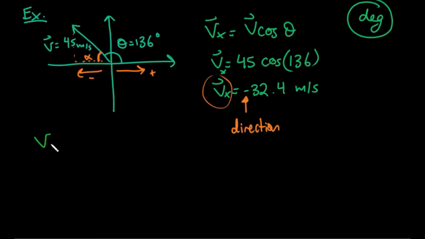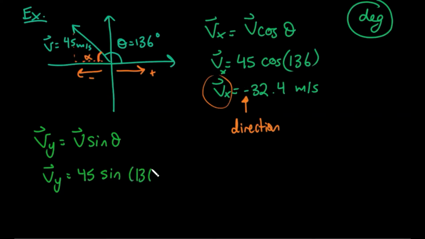So let's calculate Vy with sine. So 45 times the sine of 136, and this will give you positive 31.3 meters per second. Now, this is positive because you can see that it's actually going up.